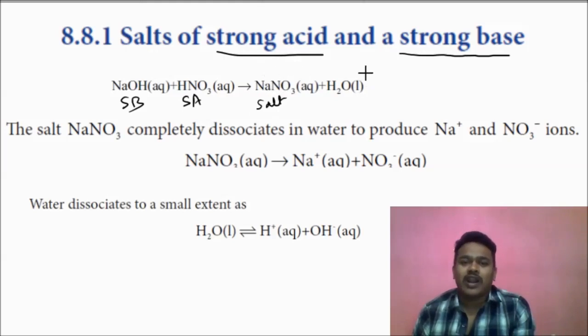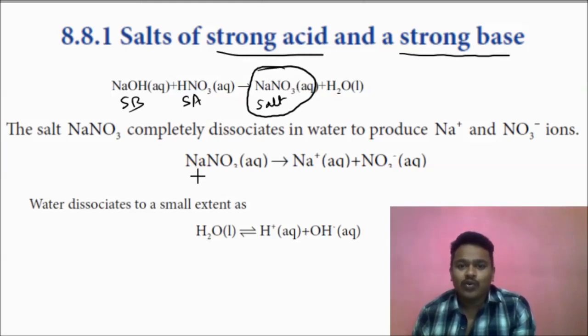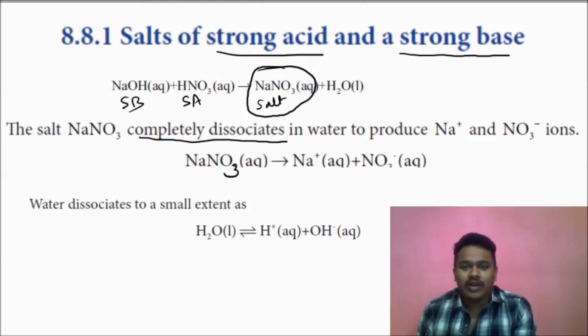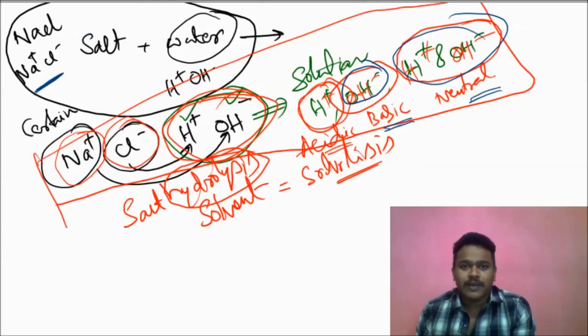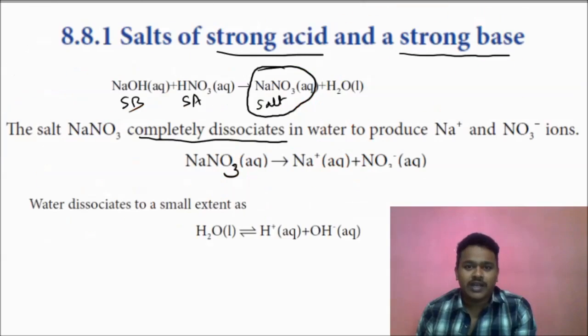Forget about this water and all. Our main part is the salt now. This salt we have to mix with the water. So what happens? This salt NaNO3, like all the salts I told in the starting page, is completely dissociated.